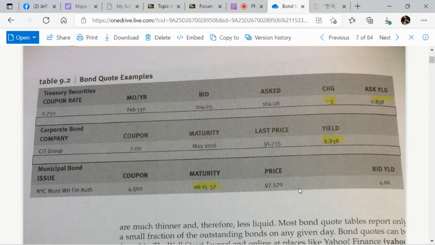Now, if 6 years are left to maturity, and you're getting $70 a year, that will make the interest payment alone $420, right?